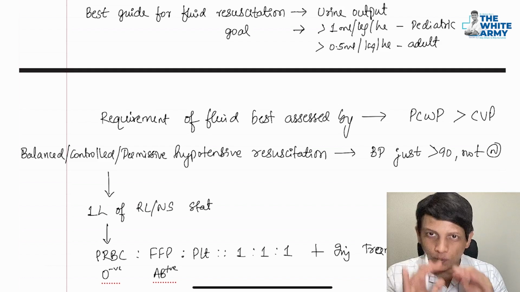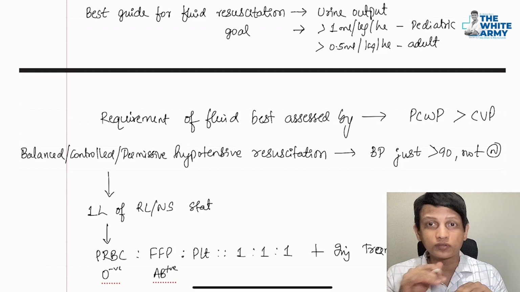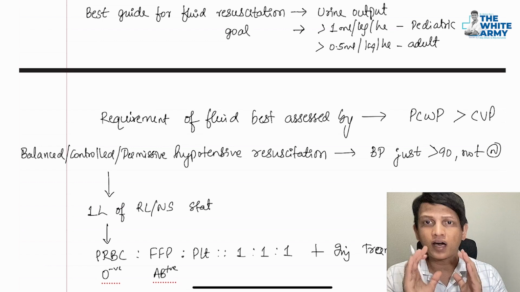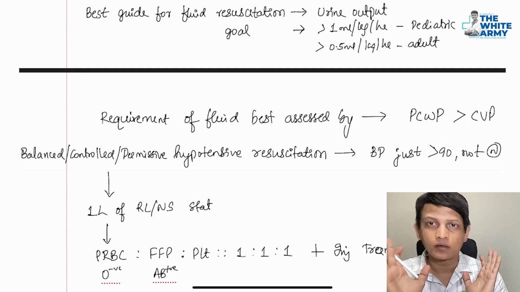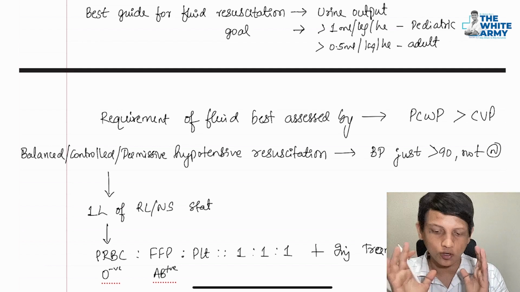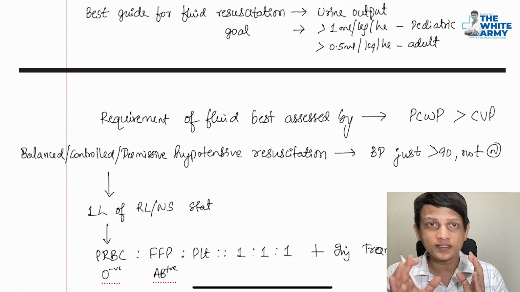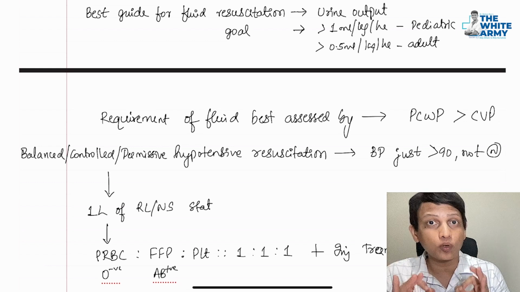some amount of hypotension is good, because when the patient is hypotensive, the bleeding is less. You have to maintain the mean arterial pressure for all the vital organs to survive. You need not always achieve normal blood pressure like 120, 130. So the dictum these days is balanced, controlled or permissive hypotensive resuscitation.